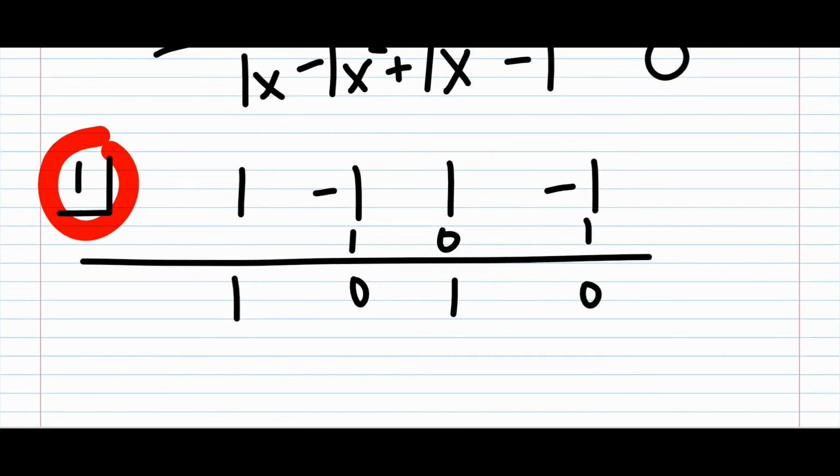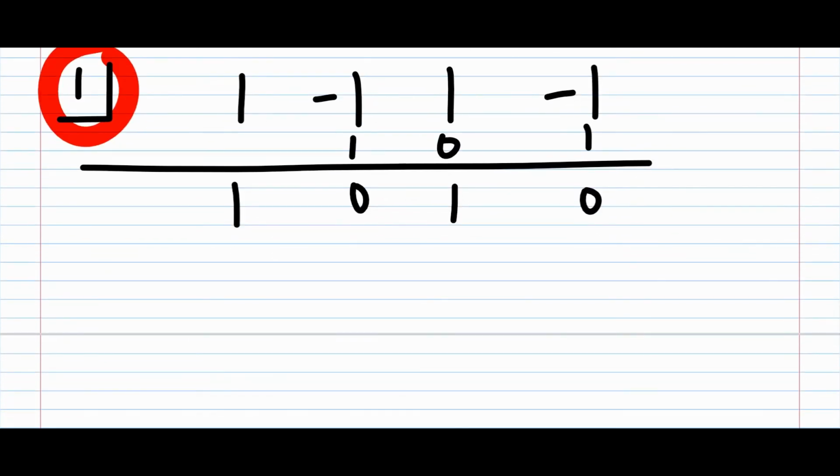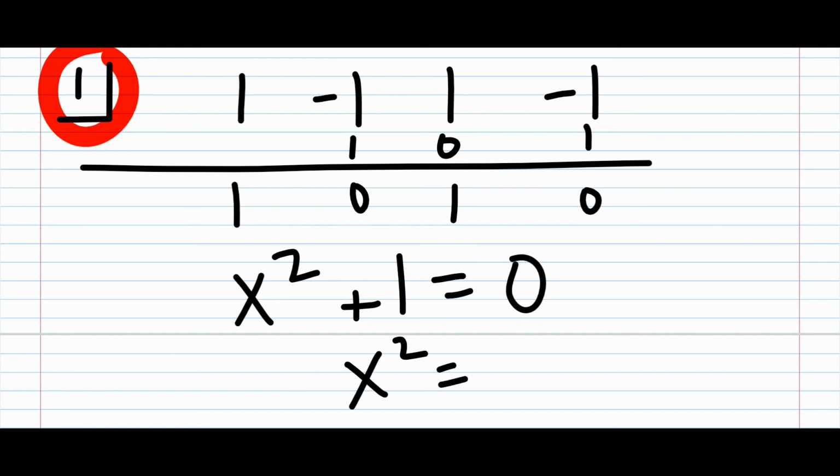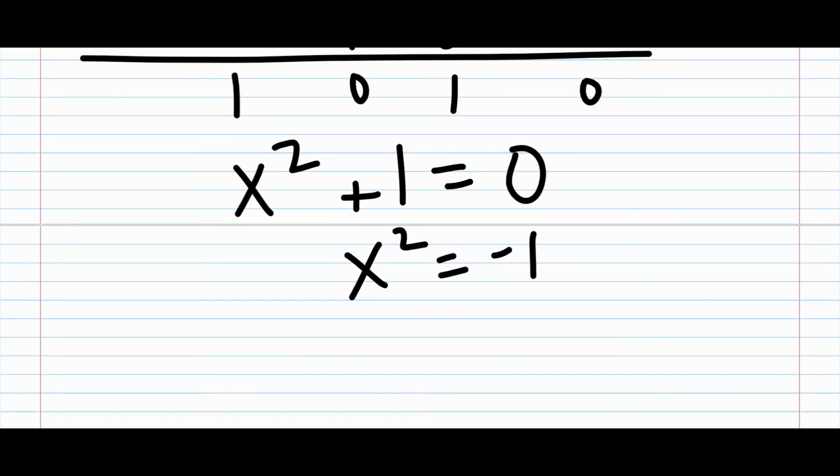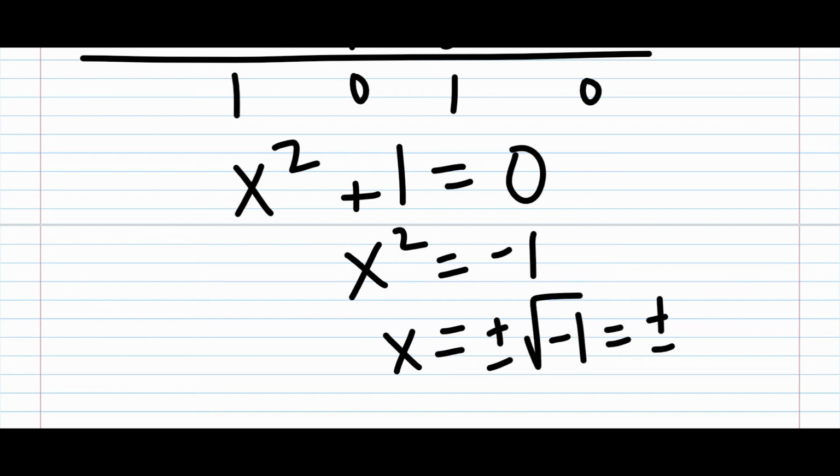And now my remaining polynomial looks like this. And that I can solve pretty quickly just by subtracting 1 and then taking the square root. And you can see that those two zeros are imaginary, which is why they do not appear on the graph.